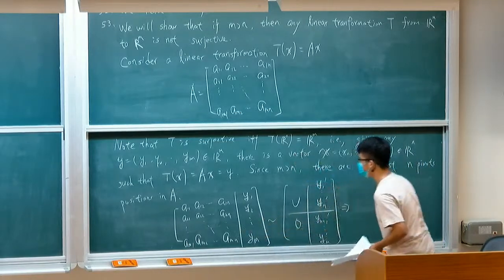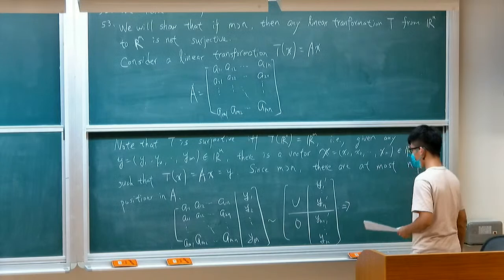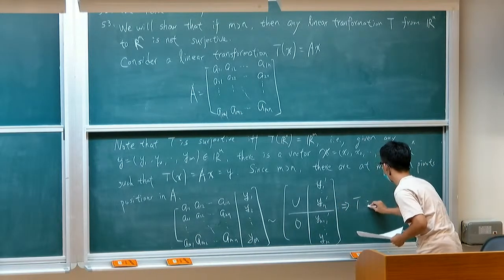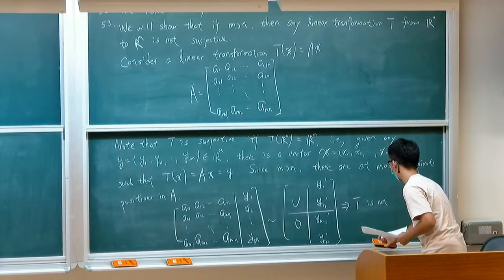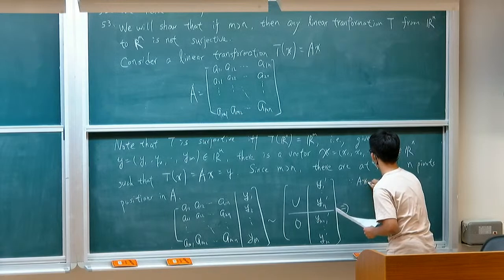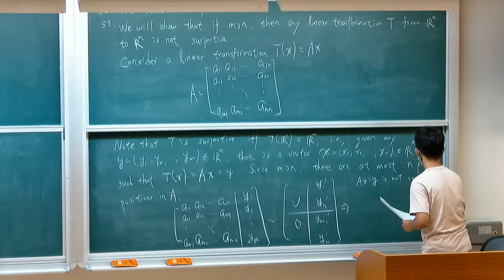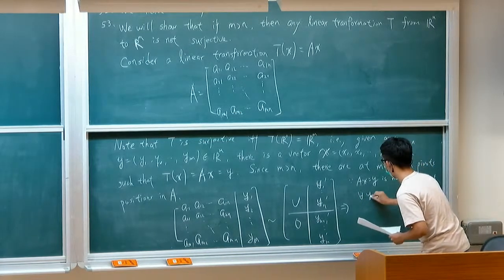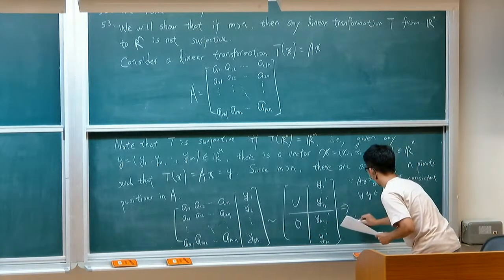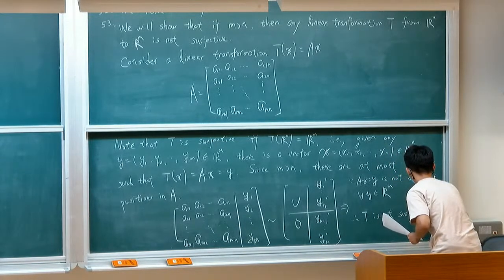Since Ax equals y is not always consistent for all given y, we can conclude that T is not surjective.